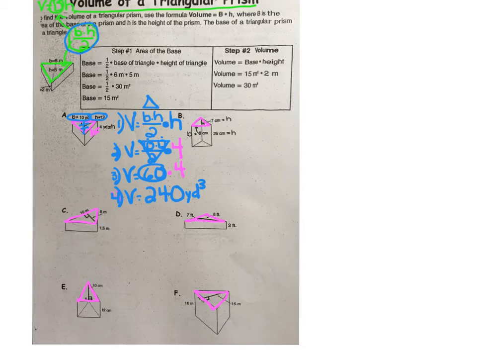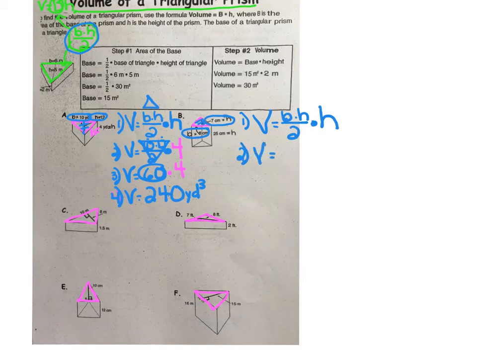Let's move on to letter B. Once again, jot down your formula. Volume equals base times height divided by 2 times H. Well, we can see as we examine the triangular base face that 7 is the height of our triangle and 8 is the base length of our triangle.